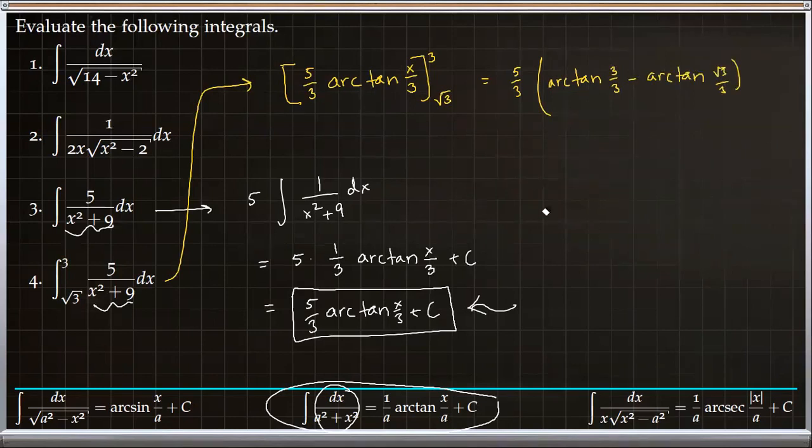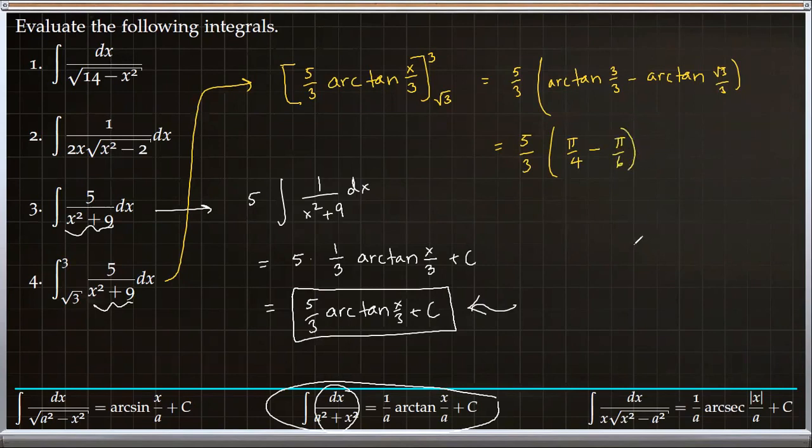Let me erase this part here. So this becomes 5/3 times. Arc tangent of 3/3 is arc tangent 1, which is pi/4, minus arc tangent of root 3 over 3, which is pi/6.